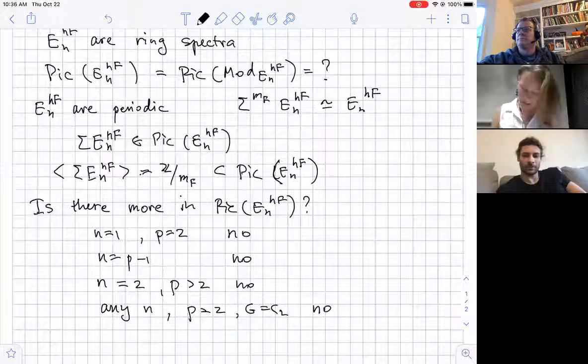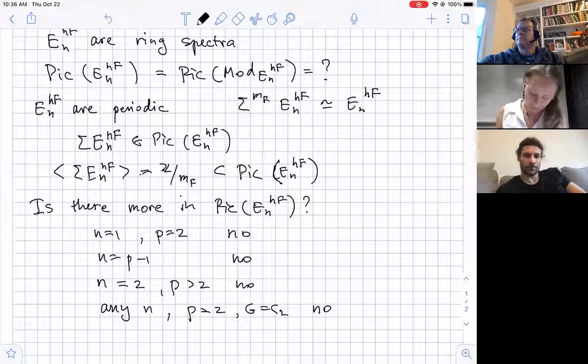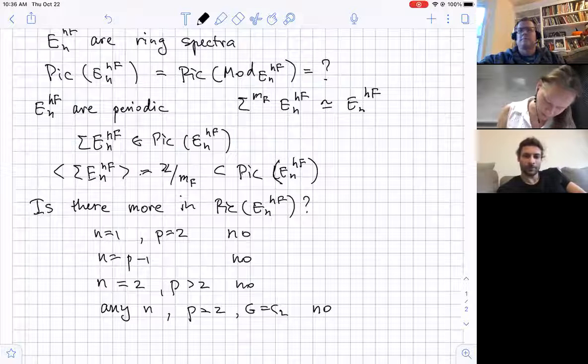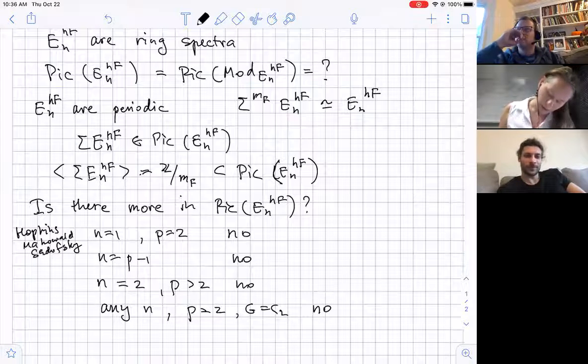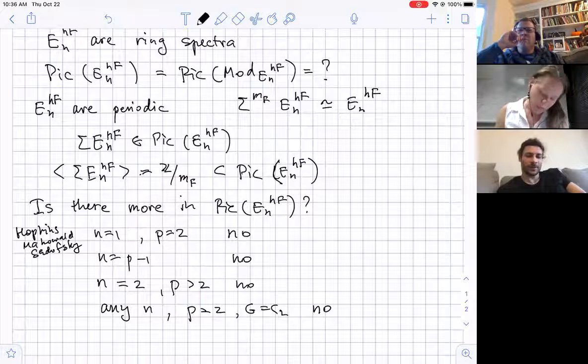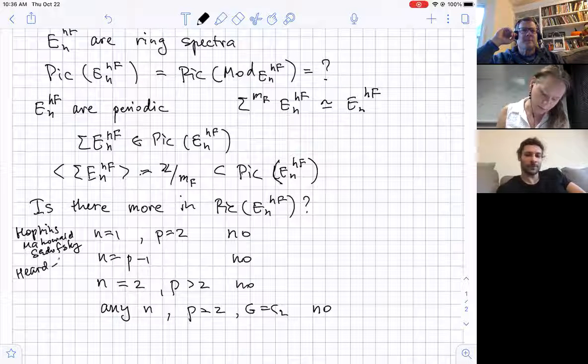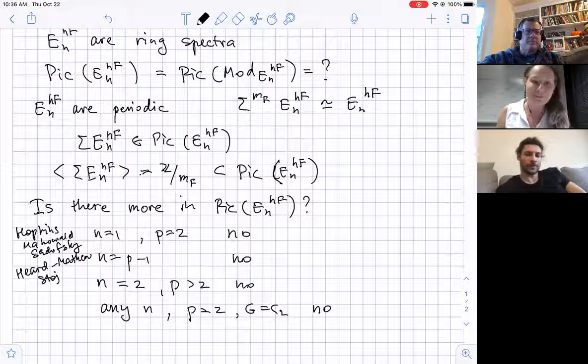And of course, I have to attribute all these theorems. So this is Hopkins, Mahowald, Sadofsky. N equals p minus 1, that's Hurd, Mathew, Stojanoska. And please correct me if I'm missing some names.